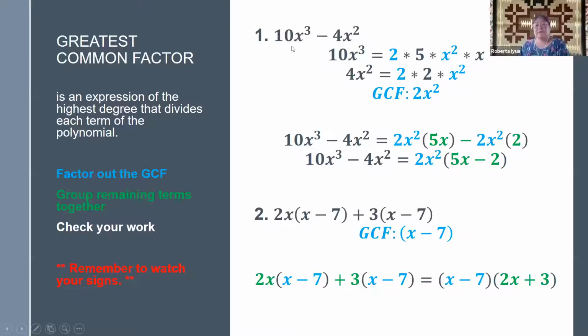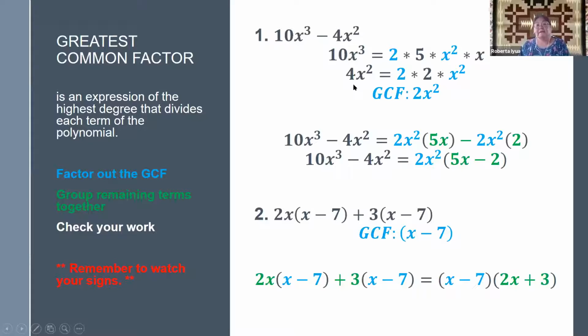In my first example, 10x cubed minus 4x squared. Here I factored out 10x cubed. There's a 2 times 5 makes 10. X squared times x makes x cubed.